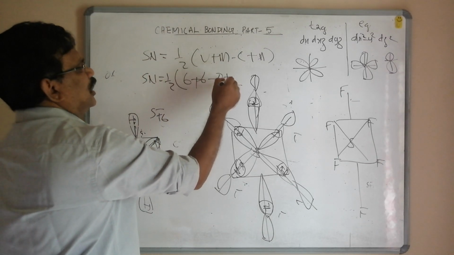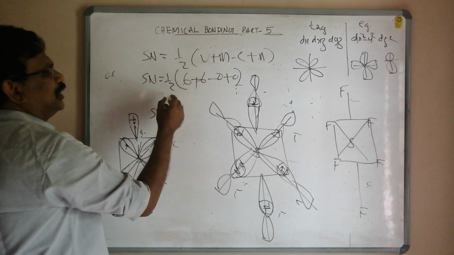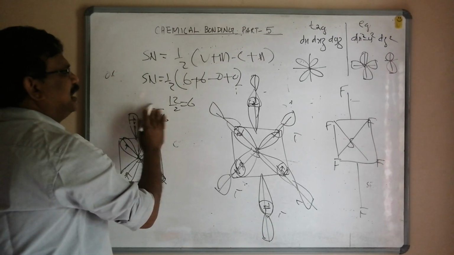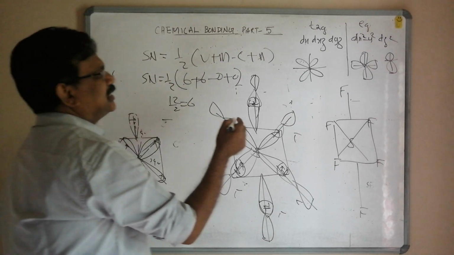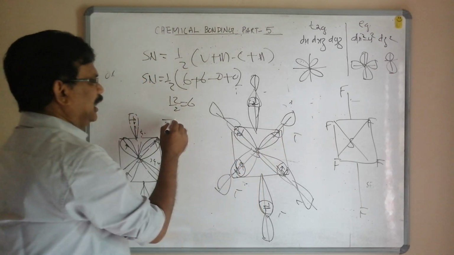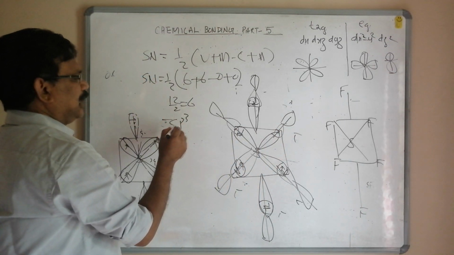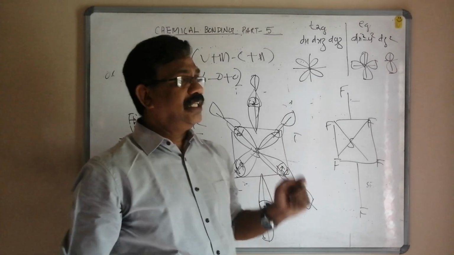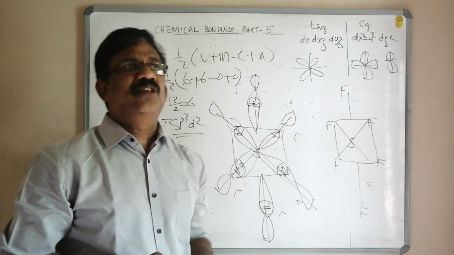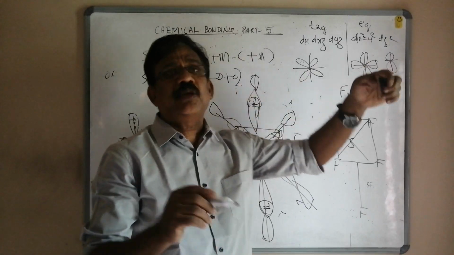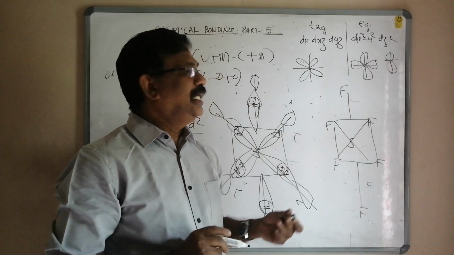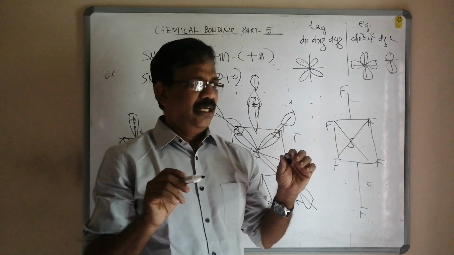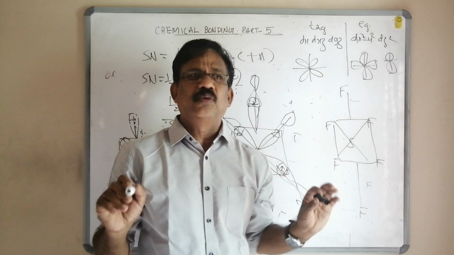Cationic charge is 0, anionic charge is 0, therefore 6 plus 6 is equal to 12 by 2, which is equal to 6. 6 means 6 hybrid orbitals, sp3d2. Yes, 1s, 3p and 2d. This is sp3d2 hybridization. What are the 2d orbitals involved in sp3d2? dx square minus y square and dz square.